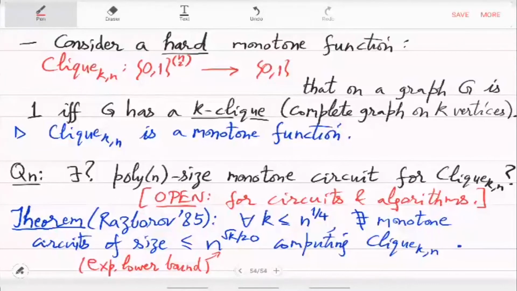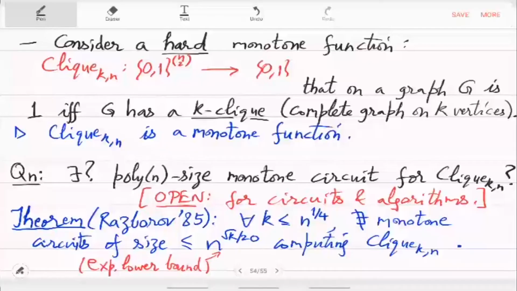So how will we show this? This seems to be a pretty strong result, right? So first we have to understand two things. We have to understand properties of monotone circuits, right, which we can use. We have to somehow show that monotone circuits have a weakness, and then at the same time we also have to show that clique is a hard function.